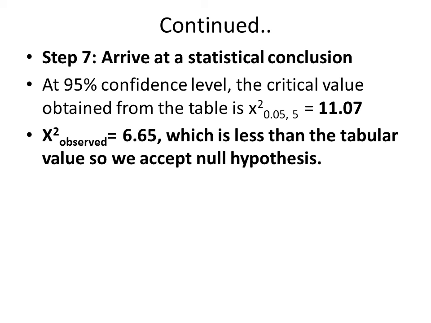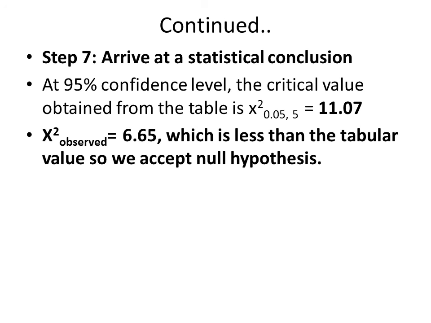The seventh step is the decision at 95% confidence level, because the significance level is 5%, so the confidence level is 95%. The critical value obtained from the table at 5% significance level and 5 degrees of freedom for chi-square is 11.07.